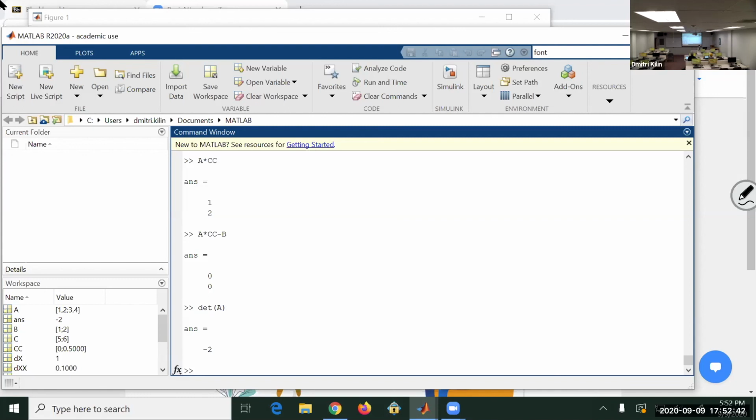Like if you practice row by column, not for matrices but for vectors, like we have C and we have B. Okay, let's do B prime, which is a row, times C, which is a column. So this is 1, 2.